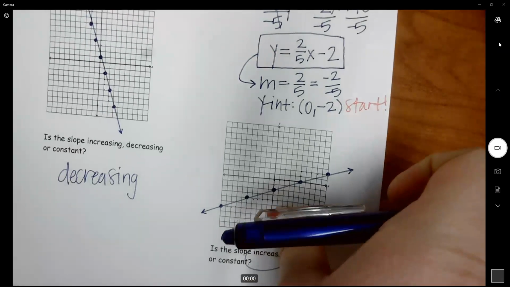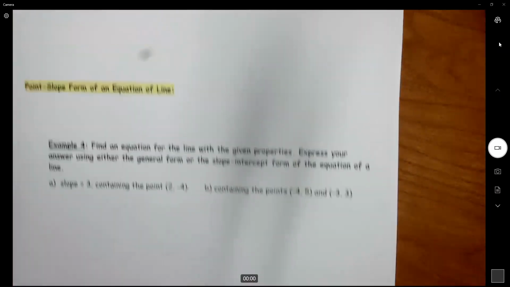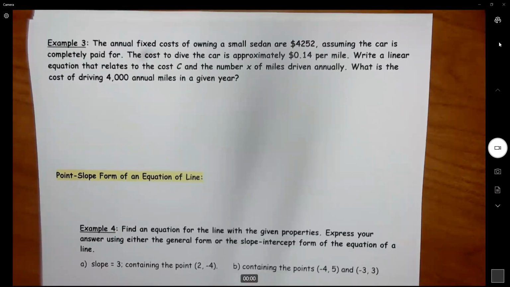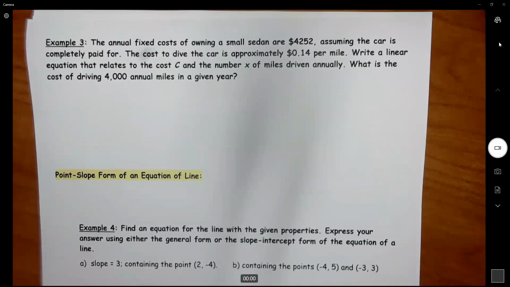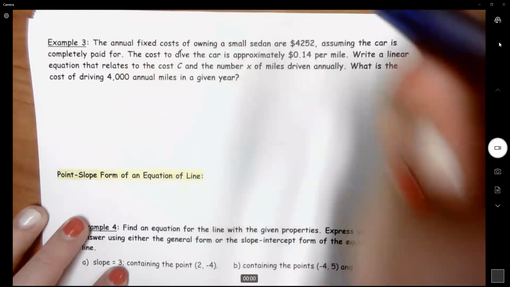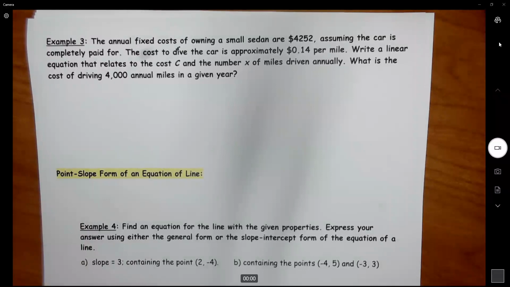Okay, last part of this video is we're going to actually do a little bit of an application problem. It says the annual fixed cost of owning a small sedan is $4,252, assuming the car is completely paid for. The cost to drive the car is approximately 14 cents per mile.